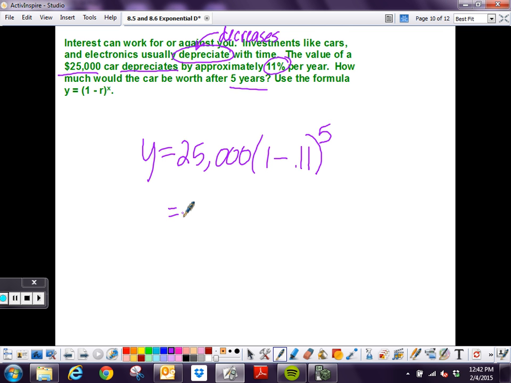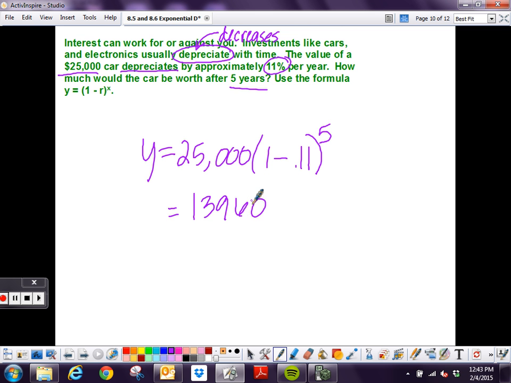Figure out how much the car would be worth after 5 years. And you should get 13,960.